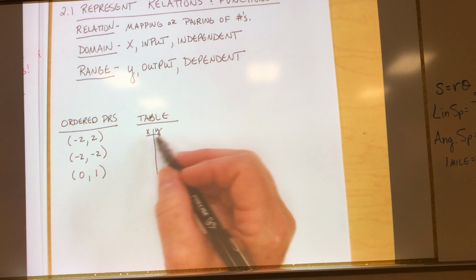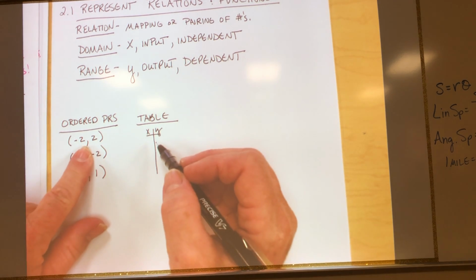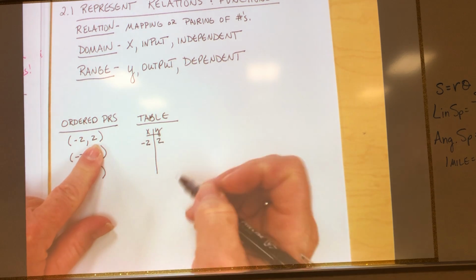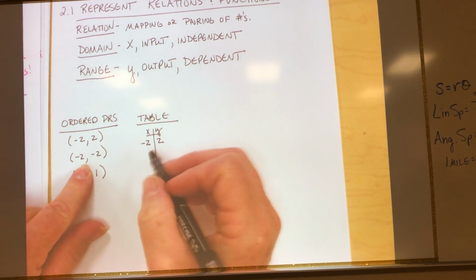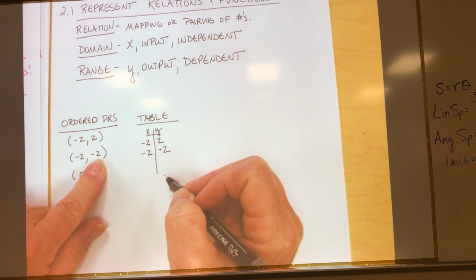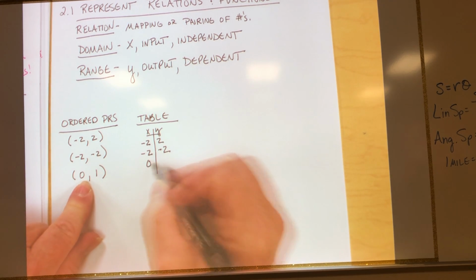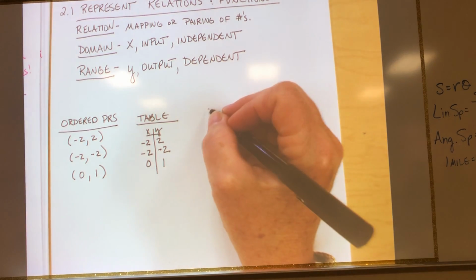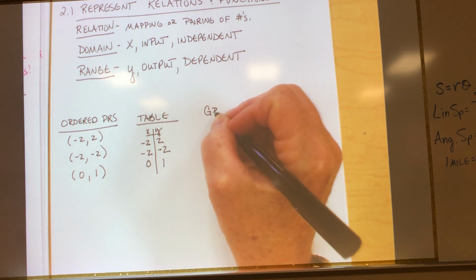And the T-chart lists these points. So when x is -2, y is 2. When x is -2, y is -2. When x is 0, y is 1. I could also represent this on a graph.